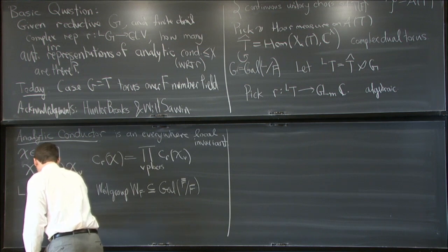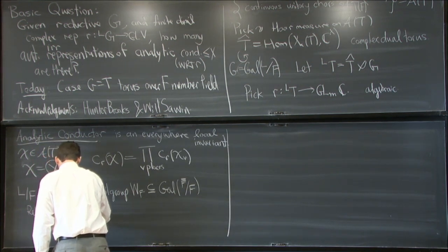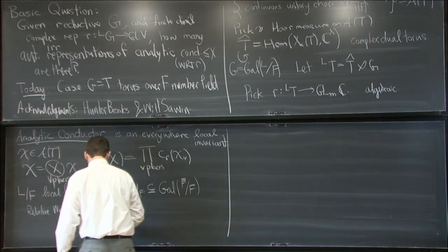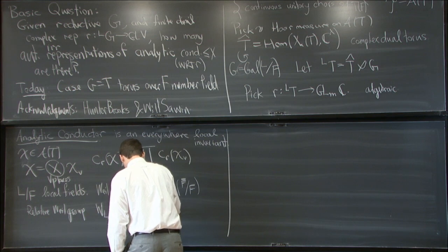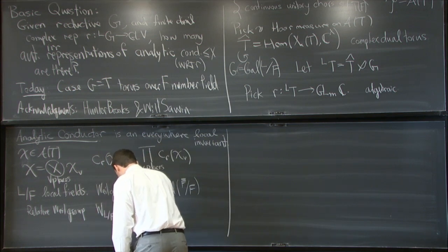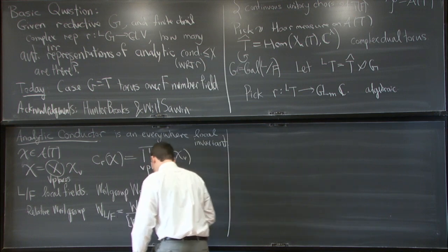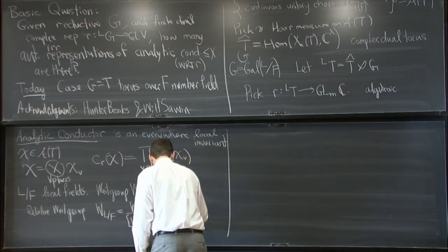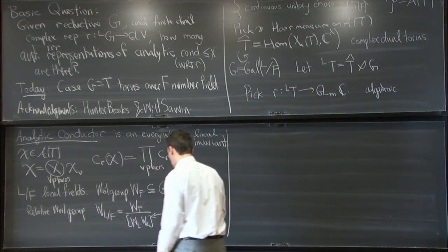So here's the relative Weyl group W_{L/F}. This is just W_F mod commutators from W_L, and this has the W_L abelianization as a subgroup.